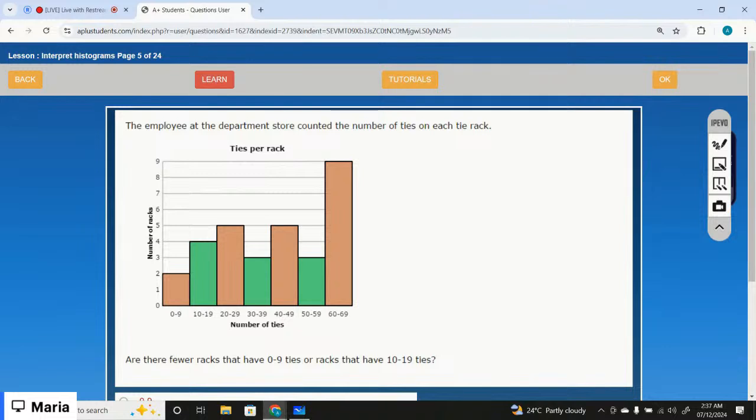The employee at the department store counted the number of ties on each tie rack. Are there fewer racks that have 0 to 9 ties or racks that have 10 to 19 ties? So, which is the correct option?